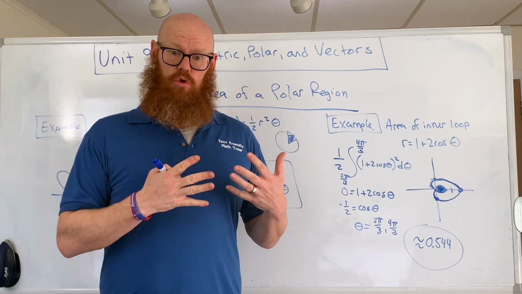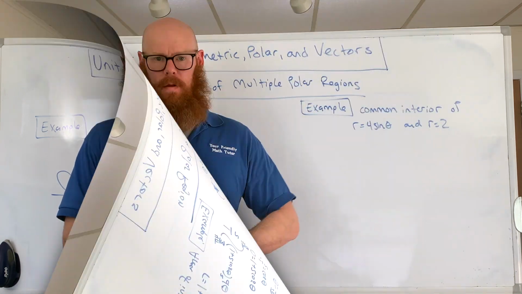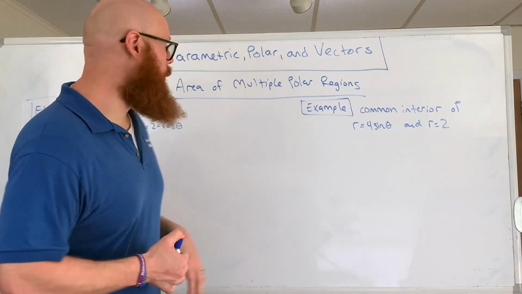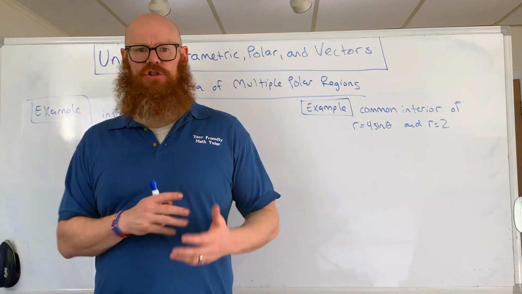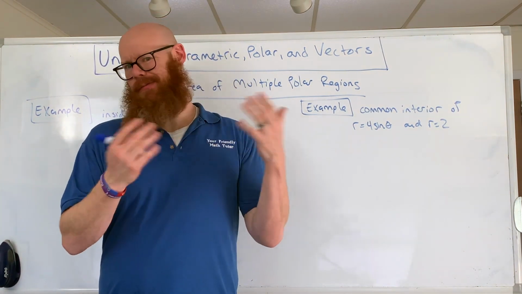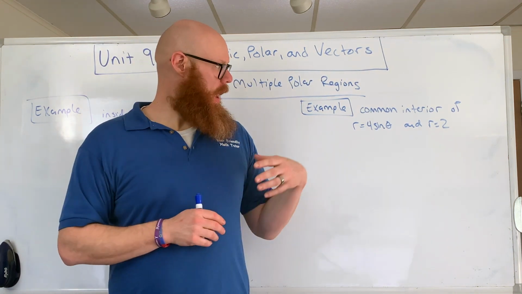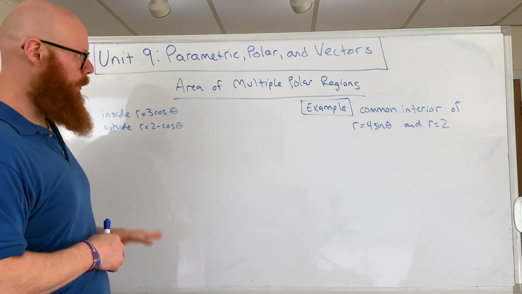Let's move on to areas of multiple polar regions. When we did this in rectangular, there was simply the area between curves, and it was essentially the top one minus the bottom one. We're going to see something similar, but there are really two different types of problems with multiple polar regions.